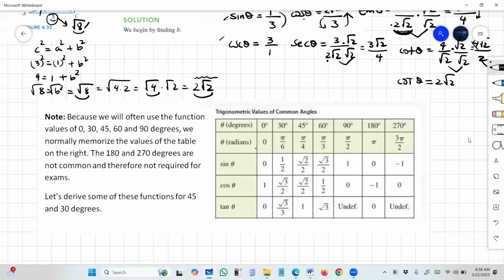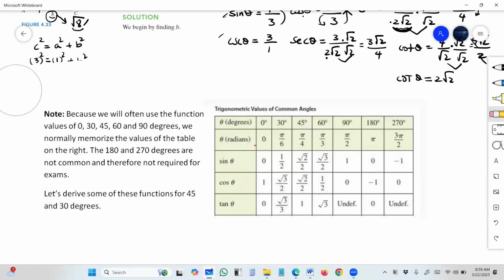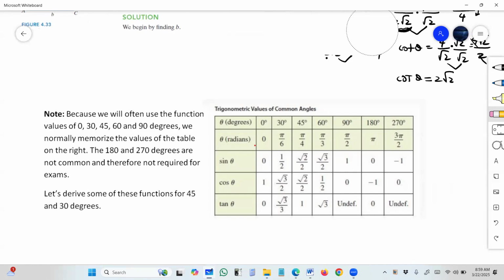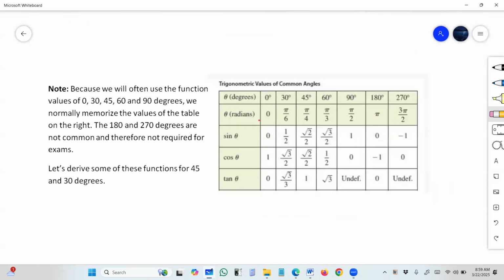Now, what does that mean? It means that there are some angles that we must know because on exams or the final exam, we will be asked for the exact value of a particular function.